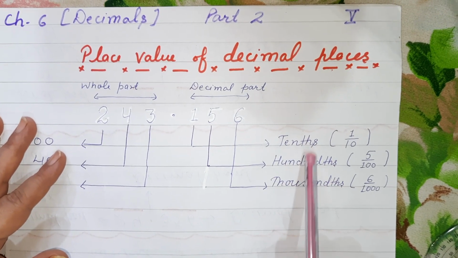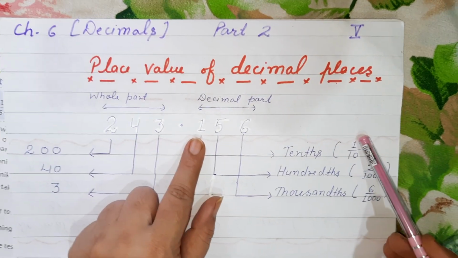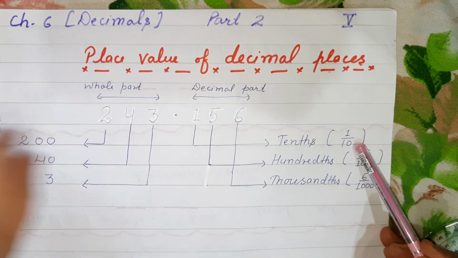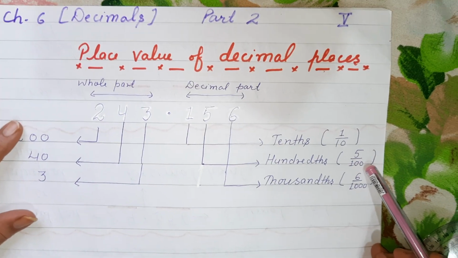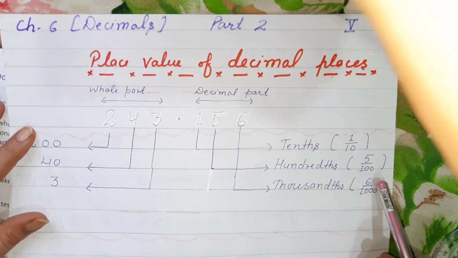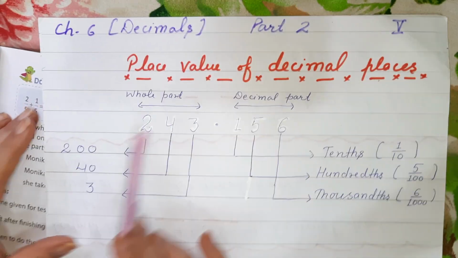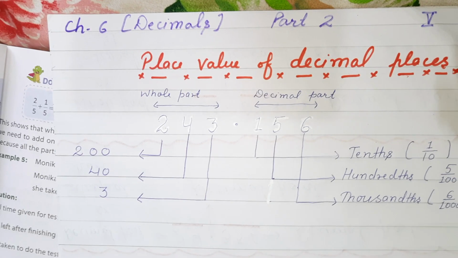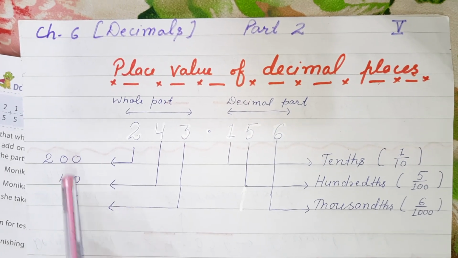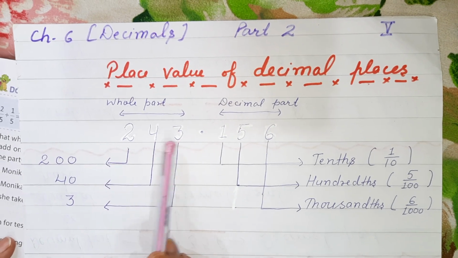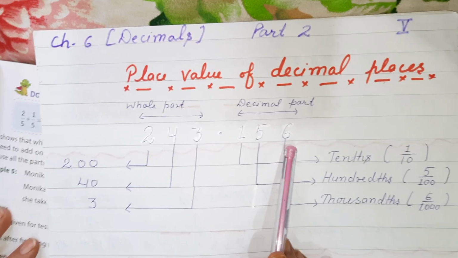Tenths, hundredths, thousandths. So the place value of 1 is 1/10th, the place value of 5 is 5/100th, and the place value of 6 is 6/1000th. So we can find the place value of any number by using ones, tens, hundreds and tenths, hundredths and thousandths.